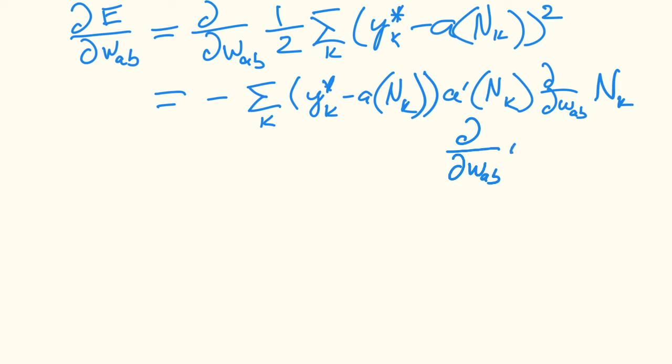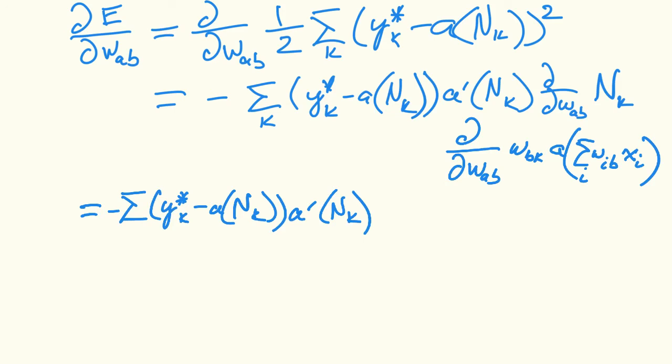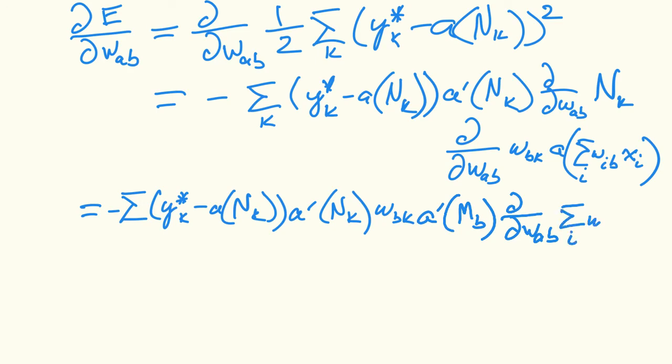We get WBK times A of the sum across all I of WIB times X sub I. We apply the chain rule again, and we get WBK, A prime of MB times the derivative with respect to WAB of MB, which is WIBXI.